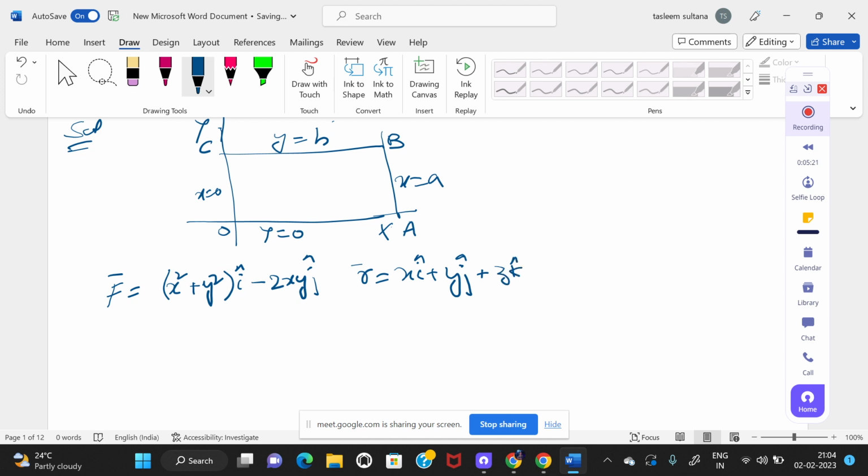Since it is in the xy plane, your z is equal to 0. When z is equal to 0, dz is also equal to 0.